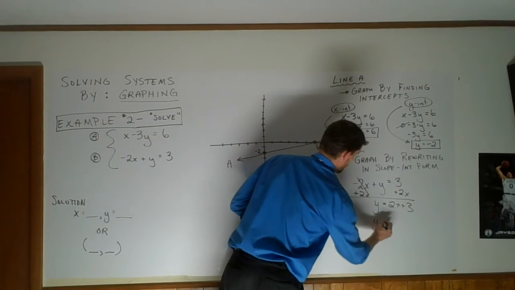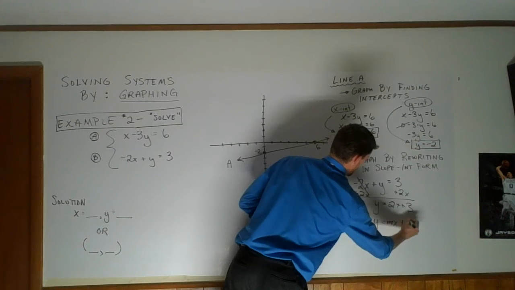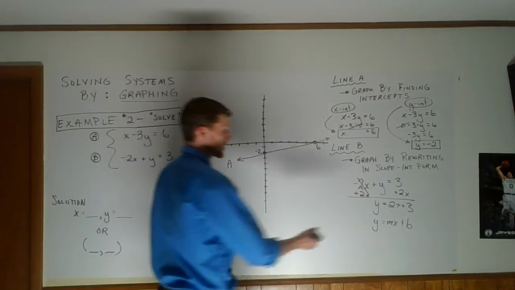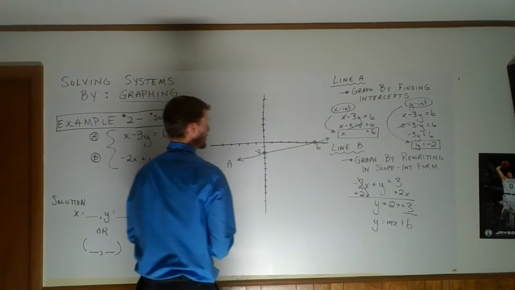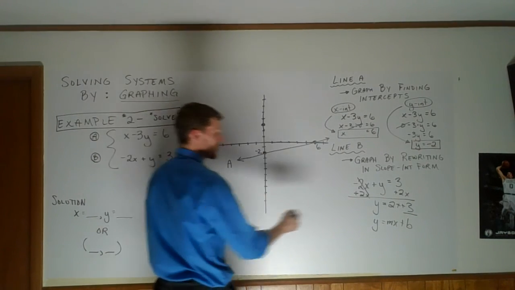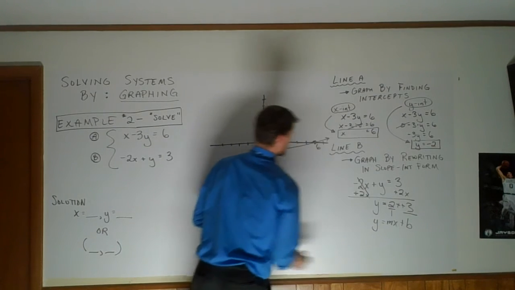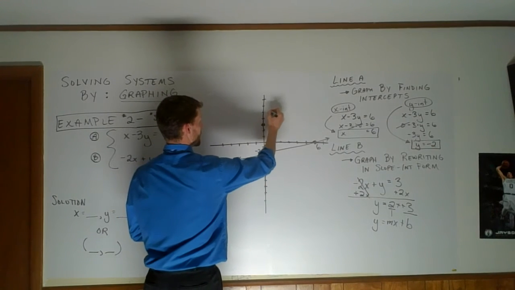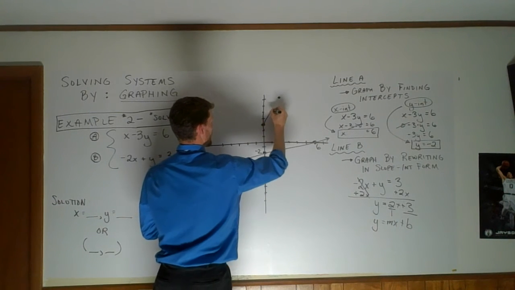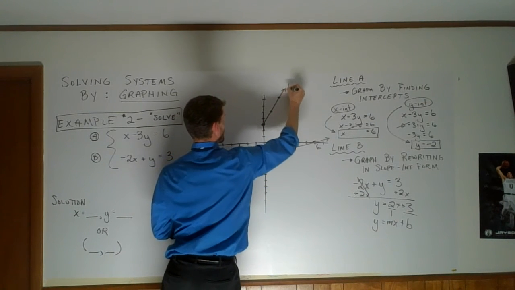This is in our slope-intercept form. Whenever we graph from slope-intercept form, we always start from the y-intercept, 3. Then we use the slope, up 2 over 1, and we see that line B goes like this.